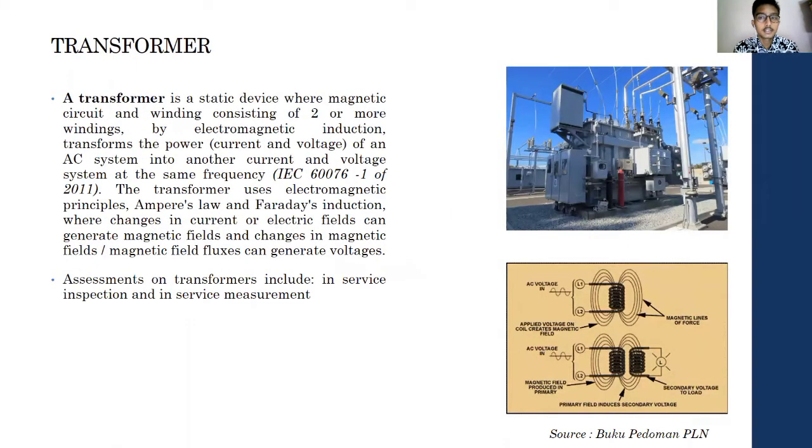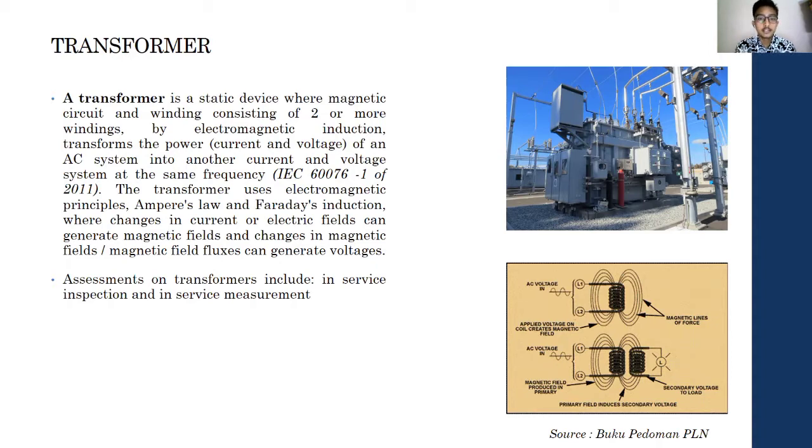Number one is transformer. Transformer is a static device where magnetic circuits and winding consisting of two or more windings by electromagnetic induction transform the power, current and voltage of an AC system into another current and voltage system at the same frequency.